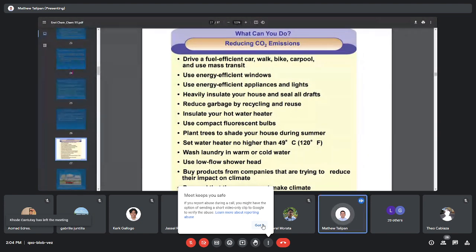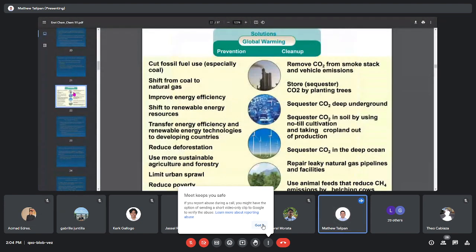Okay, so to any problems, there are solutions. One of the solutions I described there is to cut back our dependence on fossil fuels and consider renewable forms of energy with cleaner technologies and no emissions of carbon dioxide and other greenhouse gases.